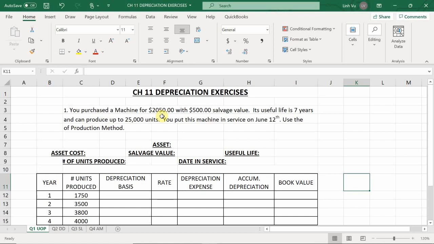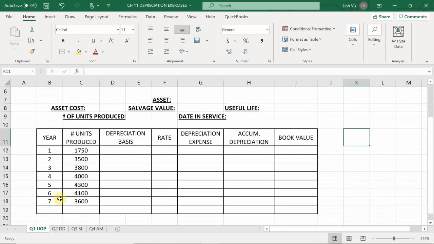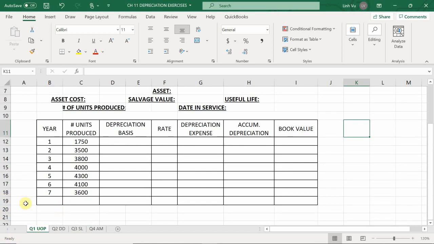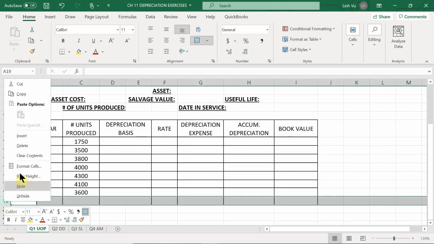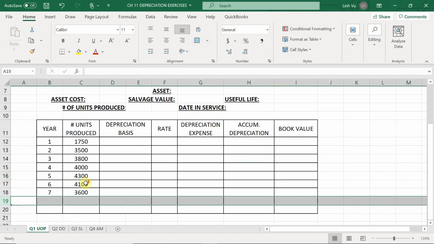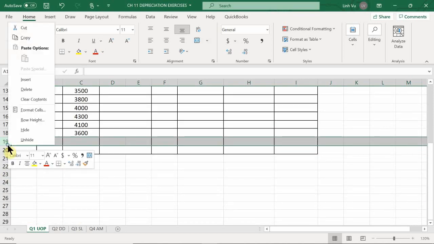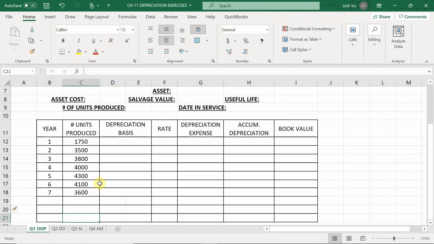So here, the idea is that we have the units of production method. This is what it looks like going forth. I'm going to insert a couple lines in here in case I need some extra space. So again, units of production, right?